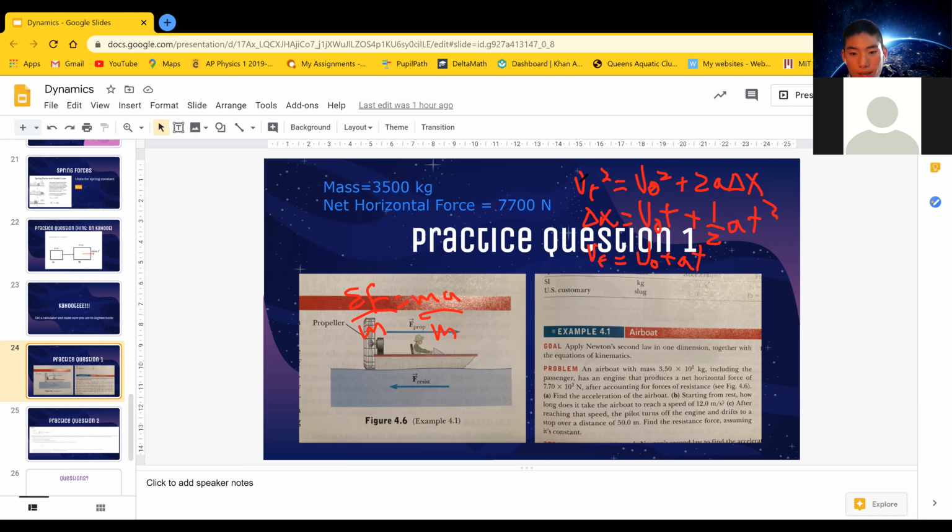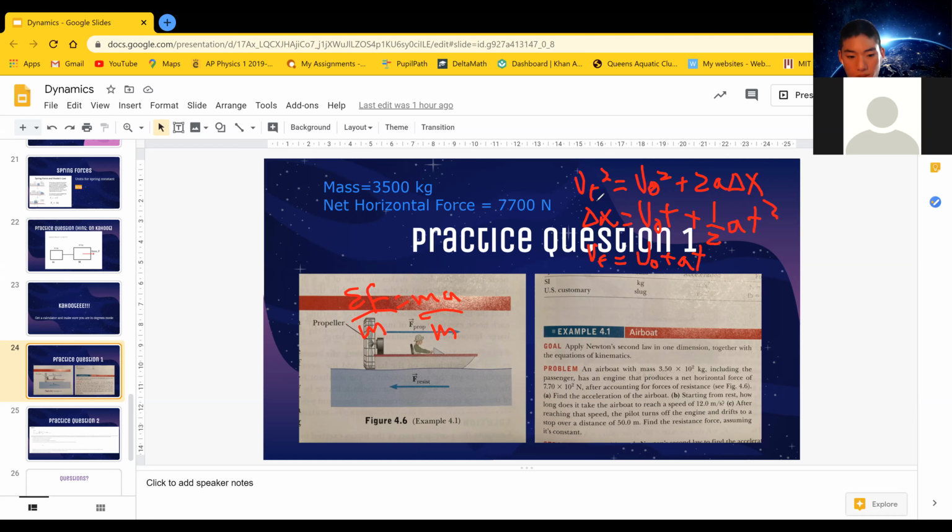So Vf, V sub f, is the final velocity. V sub 0, I usually call it V naught, that's how my teacher pronounces it, is the initial velocity. Some physicists also use V sub i, which is V initial. A is acceleration and delta x is change in displacement, so it's basically displacement.